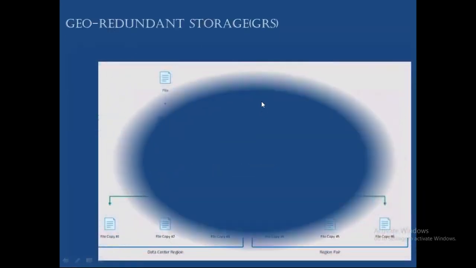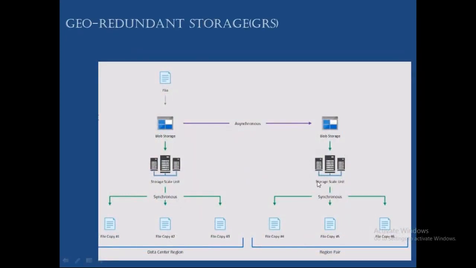So geo redundant storage. Let's see here. Here you see you have a separate availability zone, and both are in different data centers. Maybe this availability zone is in India and this one is in the US.